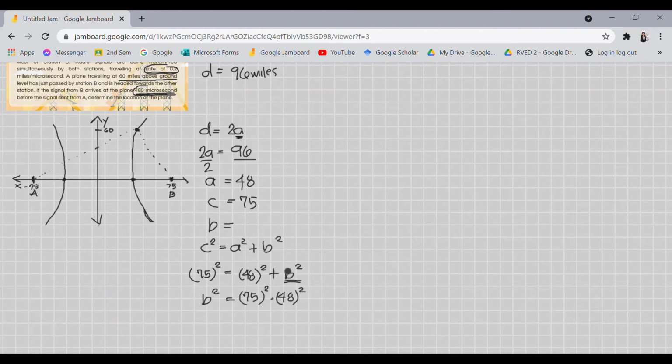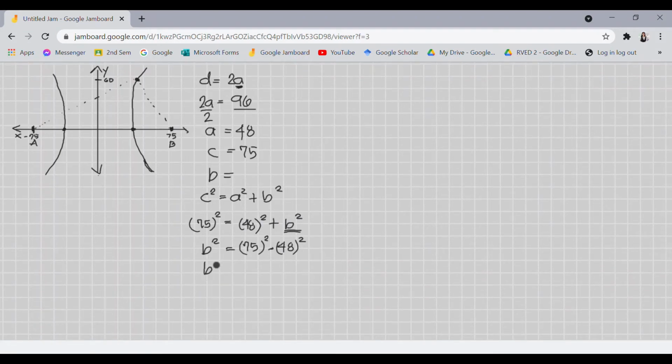B squared is equal to 75 squared, which we moved over, so it became minus 48 squared. 75 squared is actually equal to 5,625, and 48 squared is equal to 2,304. So, minus 2,304. And therefore, we get B squared as 3,321.